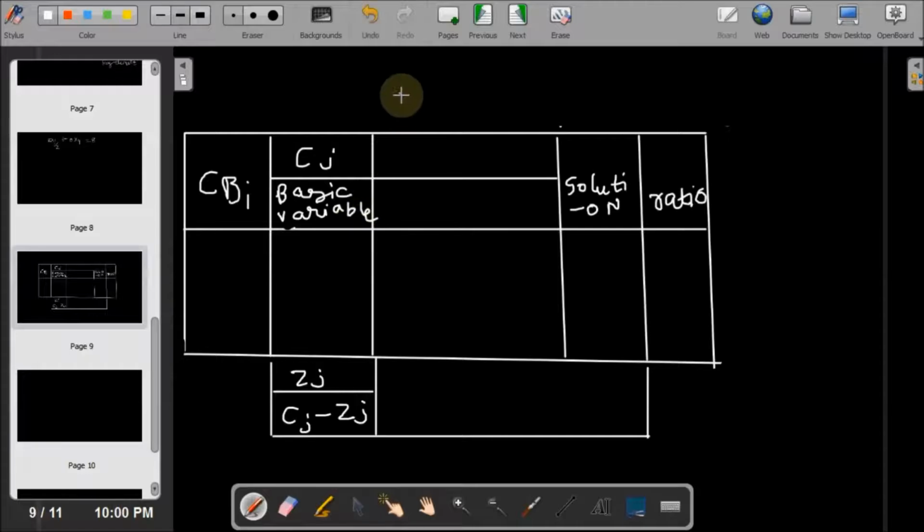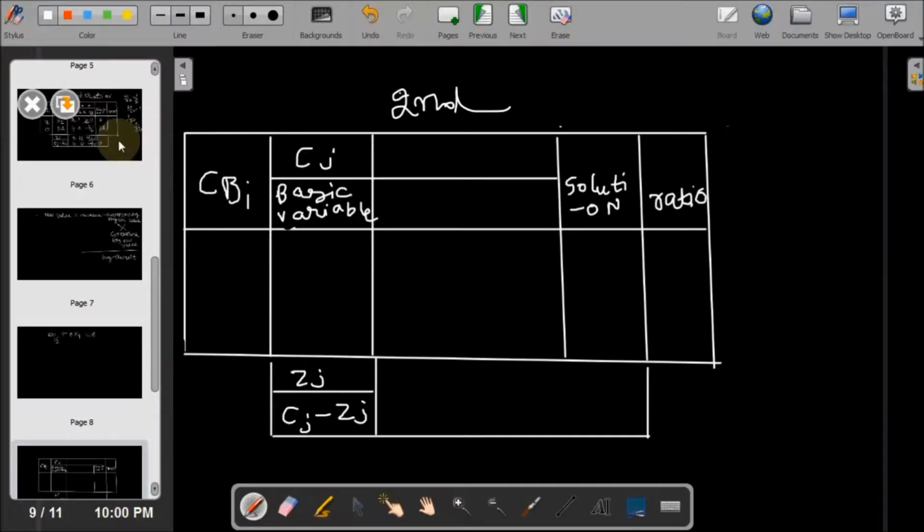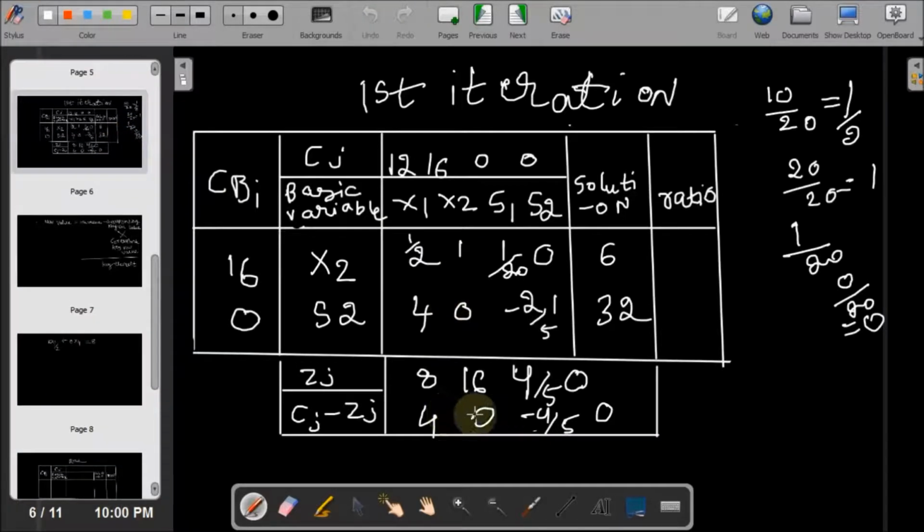The second iteration I have to continue, because you can see here 0 valid, minus 4 by 5 negative valid, 0 valid. But what about 4? This is positive. That's why I have to continue my iteration.